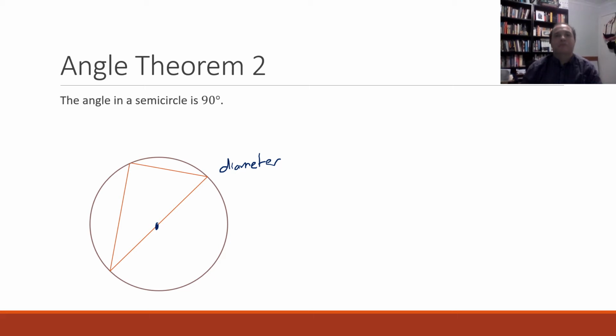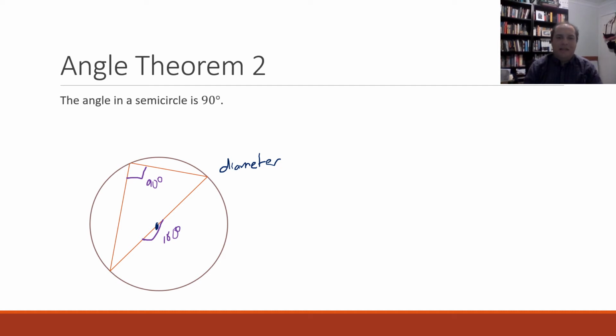Now this proof is actually pretty straightforward. We know the angles on a line, this line here, is 180 degrees, and using the theorem we just proved, this angle at the center must be double the angle made at the circumference. So this angle up here must be half of 180, 90 degrees. And that's where this second angle theorem comes from.